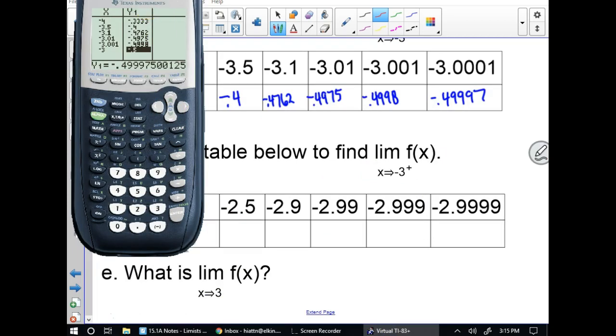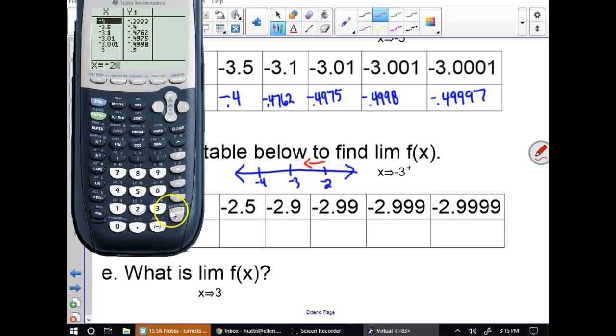Okay. If we use the table for the other side, if we're approaching -3, so we're thinking on the number line, here's our -4, -3, -2. If we're approaching -3 from the right-hand side, then we could start at, I'm going to go back up here and clear all these out. No, I don't think it's really going to let me. I'll just type over them.